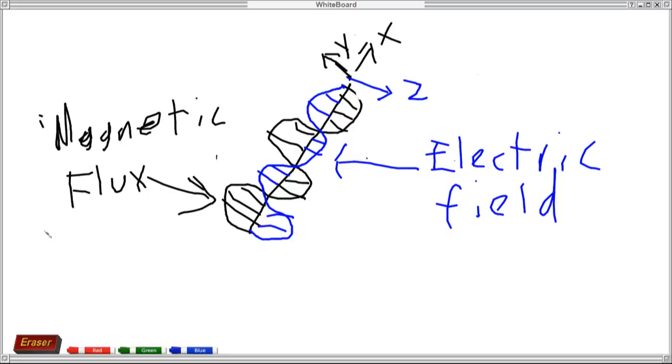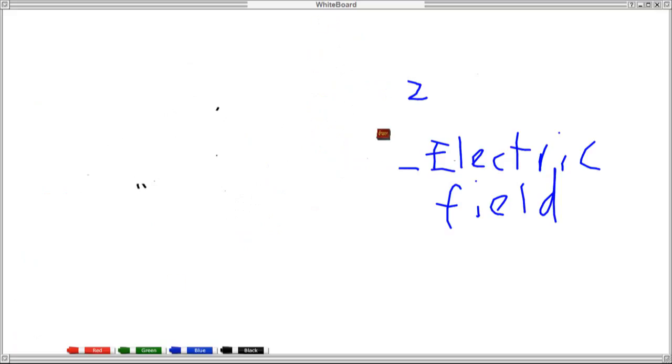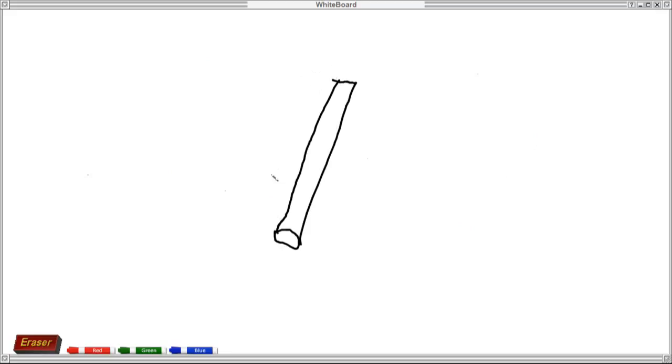One of the things I forgot to mention earlier is this. Let me erase this. Let's say you have an inductor. Let's say this is a solid copper wire, and you have current flowing straight in this direction.